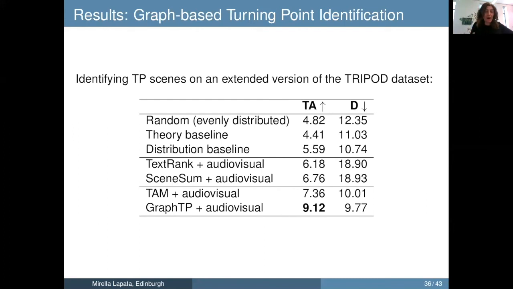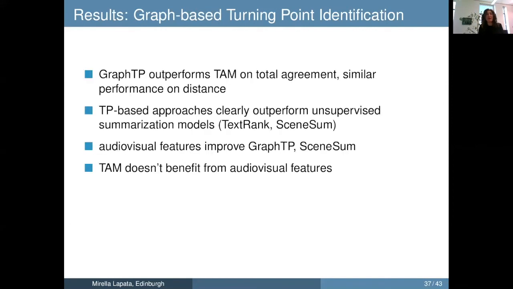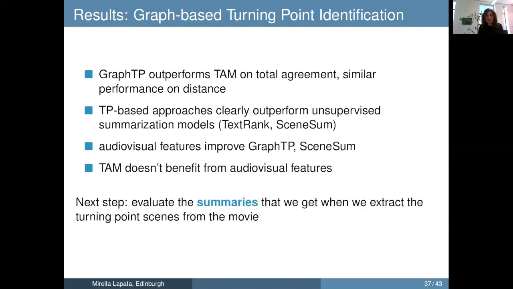And this is encouraging. It means that the graph information gives you something. But this is just to verify that turning points make sense and that the model makes sense. I won't go over this slide. I've just said this. Let's look at the summaries and see what we get.